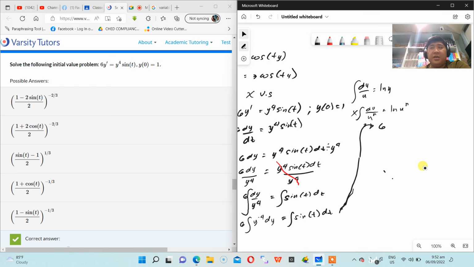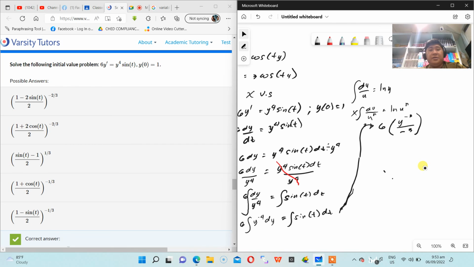So, what is the integral of y raised to the power negative 4? Negative 1. Y raised to the power of negative 4 gives y raised to the power of negative 3 over negative 3.